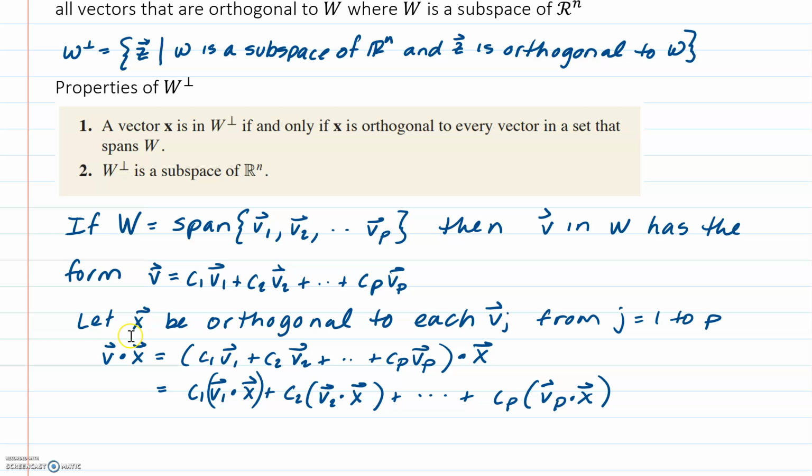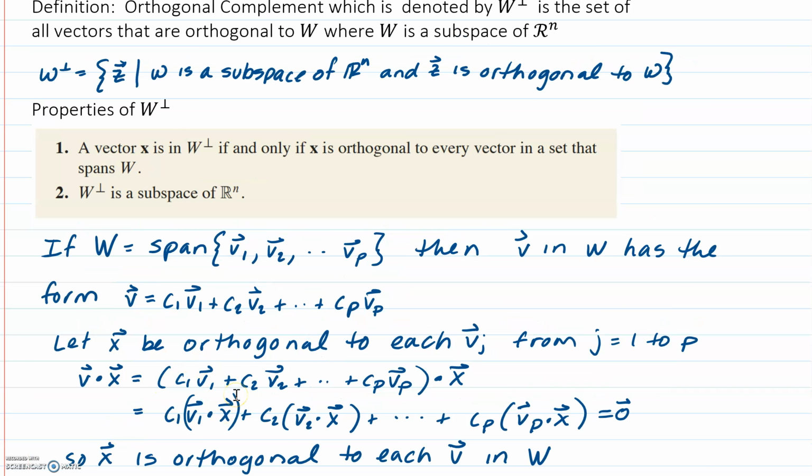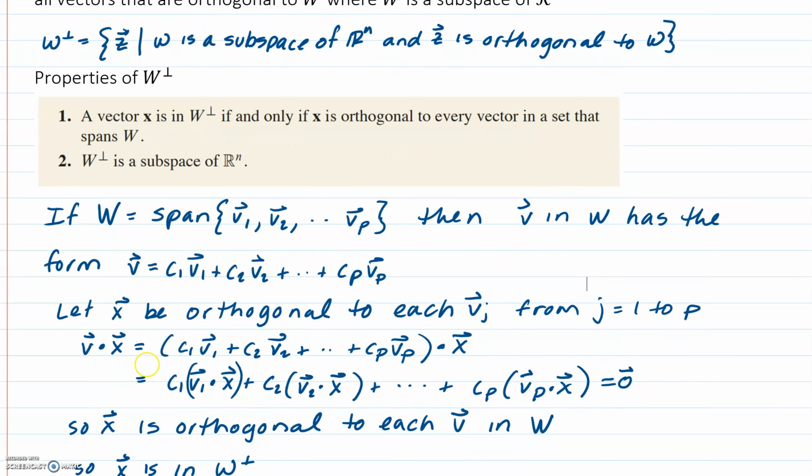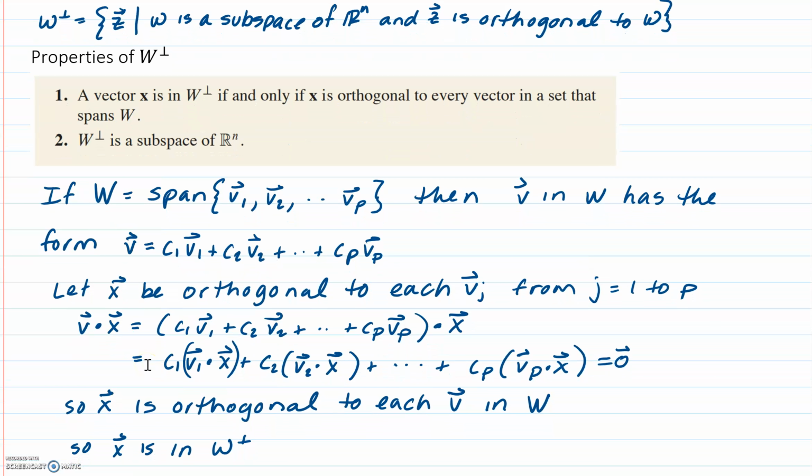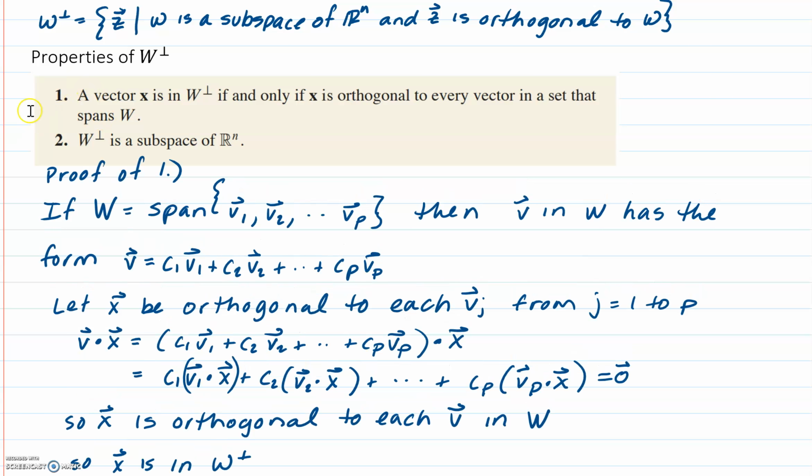Since X was orthogonal to each vj, each one of these is 0, so this whole thing is 0. So this is true if and only if X is orthogonal to each vector V in W. By the definition of the orthogonal complement, that means X is in W perpendicular. So that was the proof of 1.